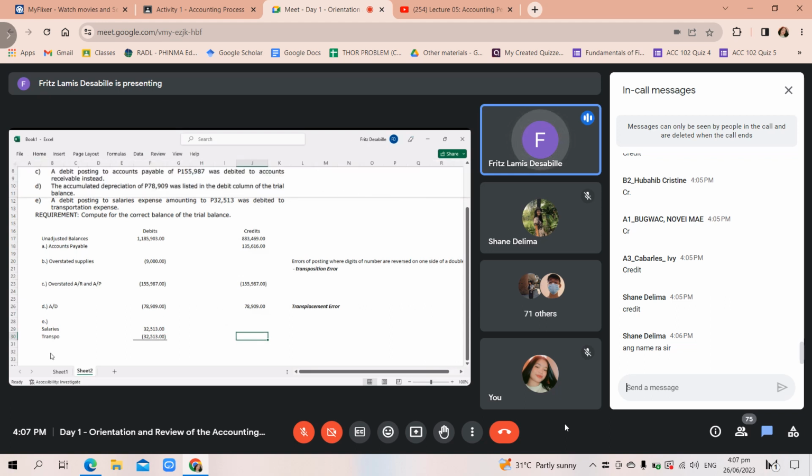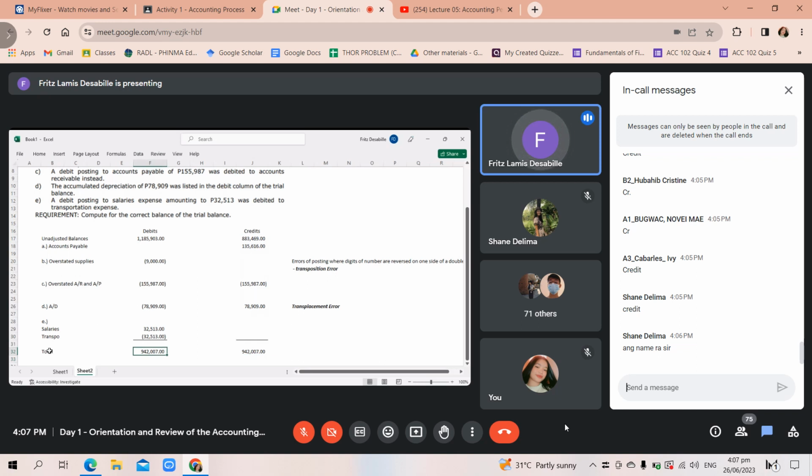Okay. So we will know if what we did is correct. So, total debits and total credits. I'm just going to be using the sum formula here. It should balance now. Is it right? 942,007.